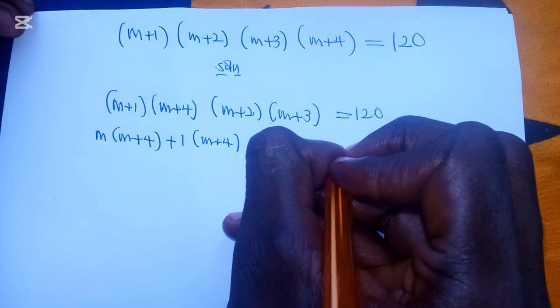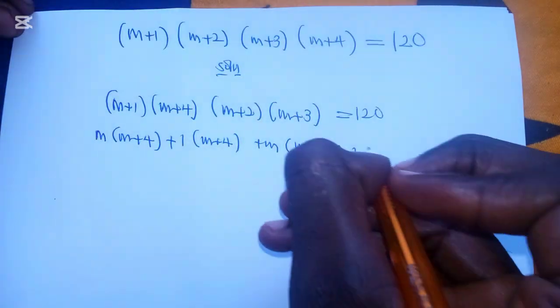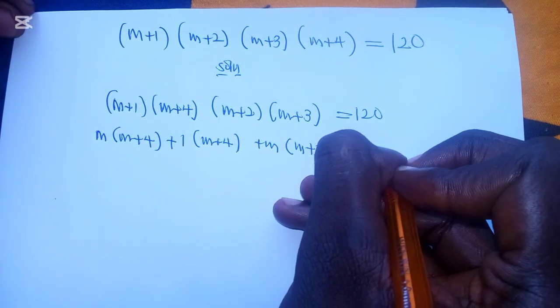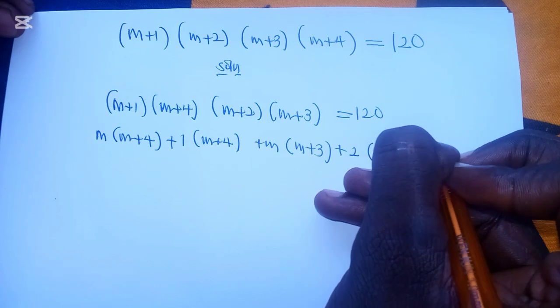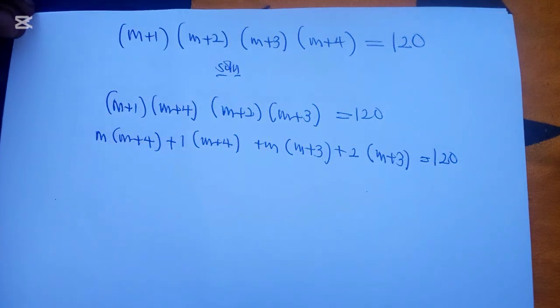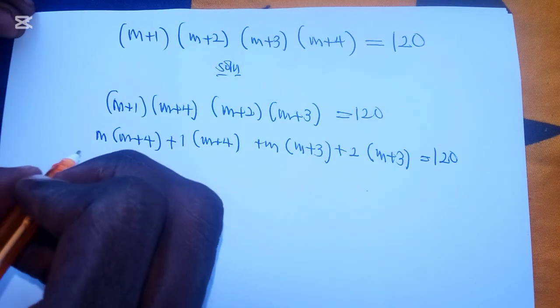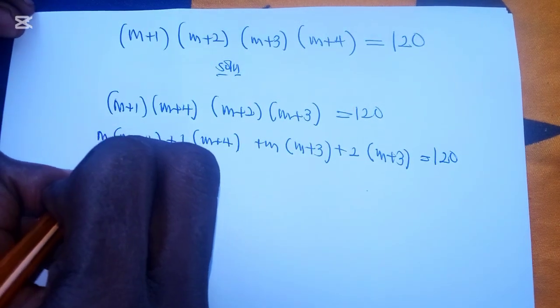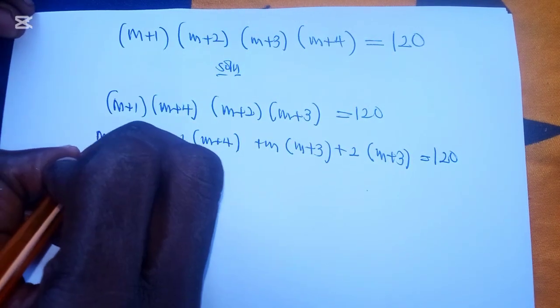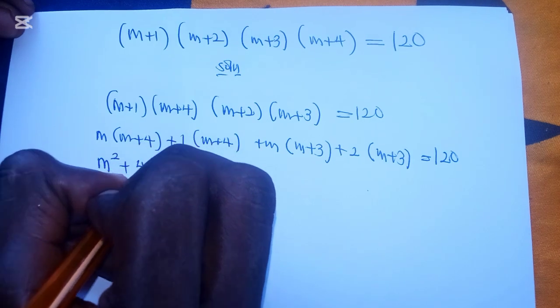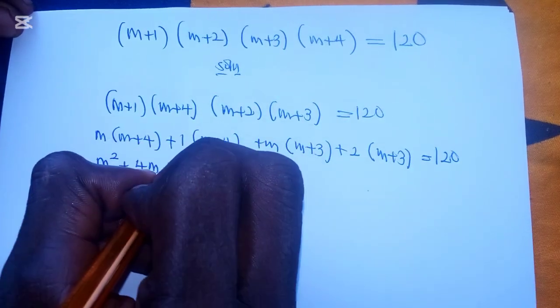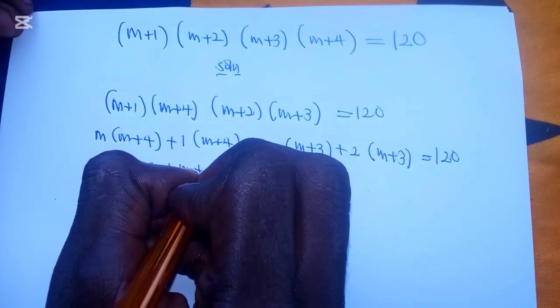What remains is plus 2, and we use it to multiply (m + 3). Then everything becomes 120. Now m times m is m square, m times 4 is 4m, 1 times m is m, and 1 times 4 is 4.